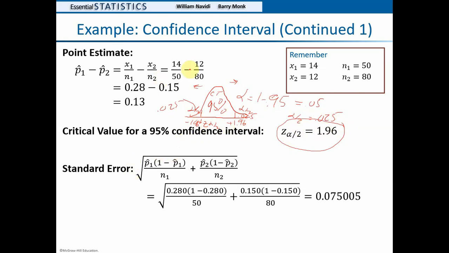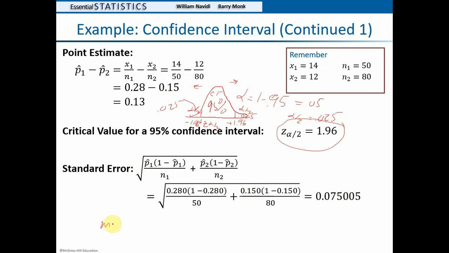My standard error, again, here's the 0.28, 1 minus 0.28 over the N1, 50. There's my N1. 0.150, that's the 12 over 80, 1 minus 0.150, over the N2, and then I take the square root, I get that.